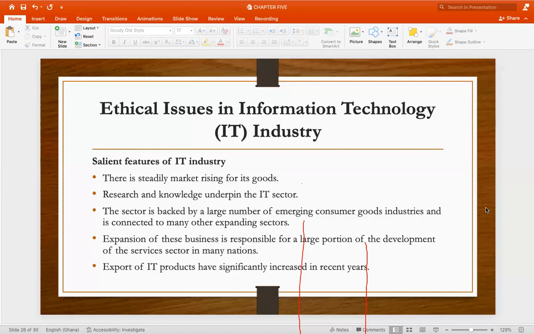And that one is very true, because now the IT sector has made it very easy or very simple for people to search, to verify, and to do so many things and even come up with new ideas, new ways of doing things. The IT industry is backed by a large number of emerging consumer goods industries and is connected to many other expanding sectors.